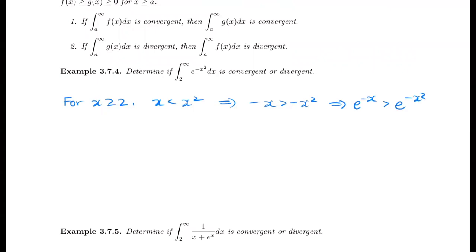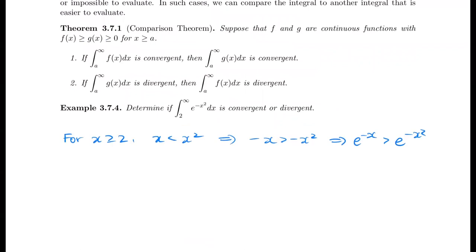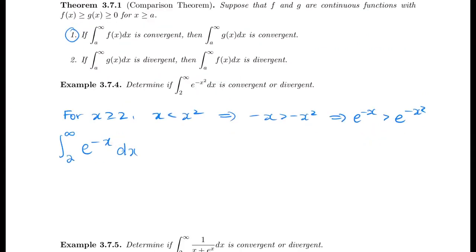Okay, so what happens to this integral then? So using part one, the integral from 2 to infinity of e to the power negative x dx, we know that this integral already converges, which is just going to be e to the power negative 2, which means that it converges.